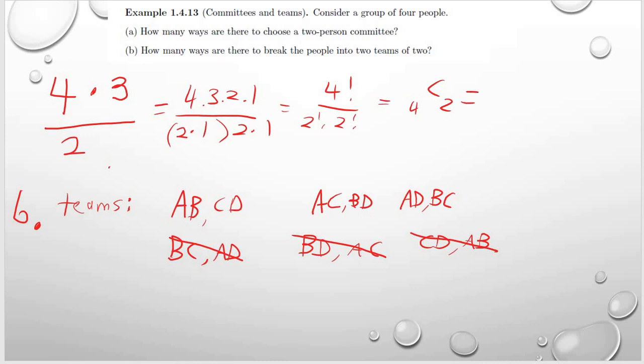So up here, I never did write the value, did I? That was equal to 6. But down here, our answer is not from the combinations or permutations formula.